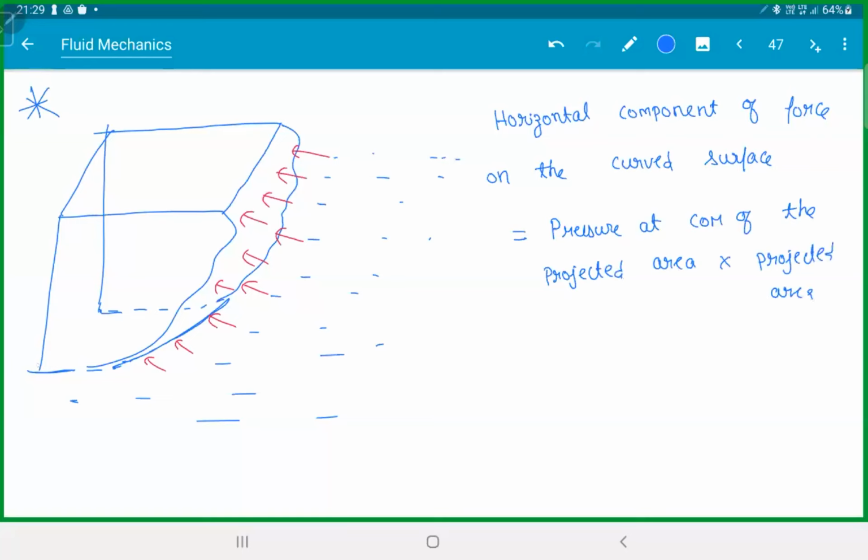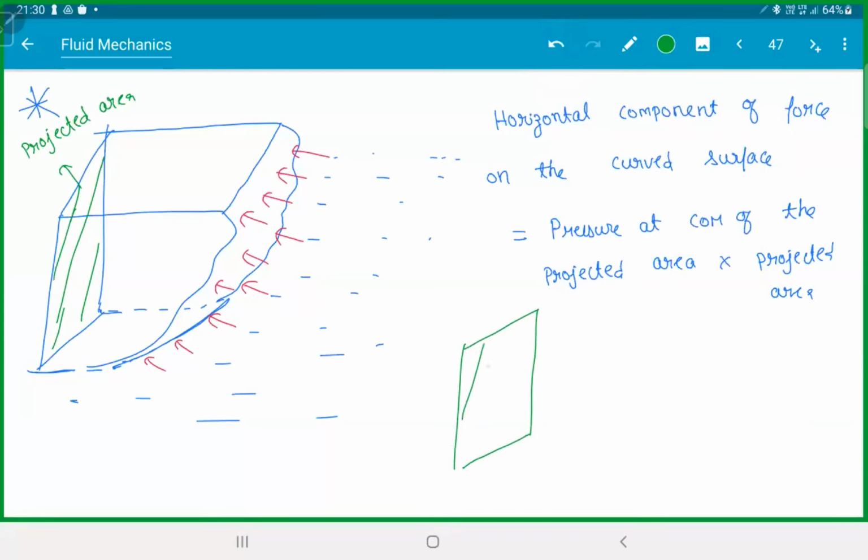Meaning for this one, what will be the projected area? This, no? Isn't that the projected area for that curve? This will be the projected area. So you just take that projected area, find its center of mass, and find the pressure at that point.